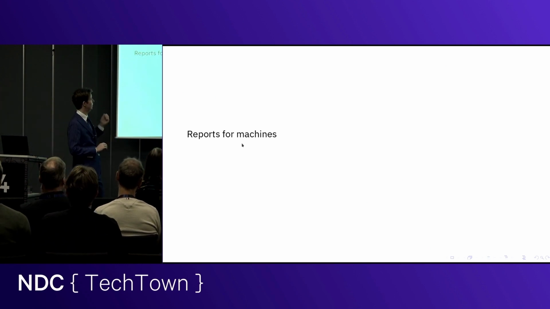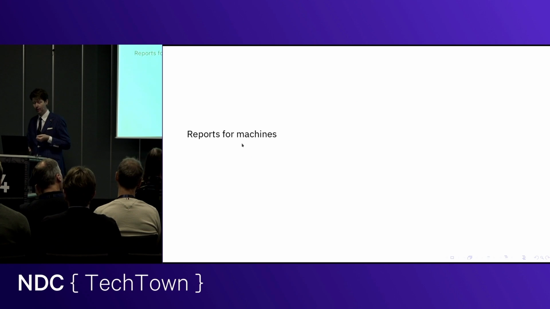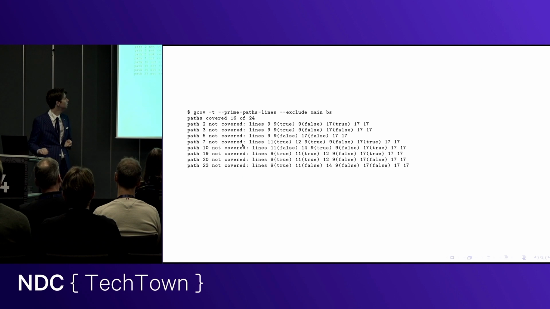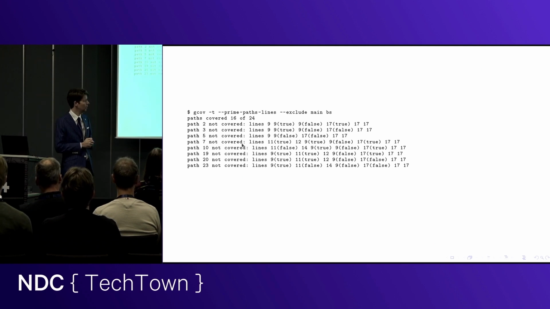Okay. So before we move on, let's look at some reports from machines and maybe some humans. This is the one you saw, the lines one. This reports the exact same information as the one that printed the source. But this one is better for machines because it's line oriented. So what it does here is it prints out the lines, the last line of the block that you need to run in order to cover that path, and it includes the decision you need to make.